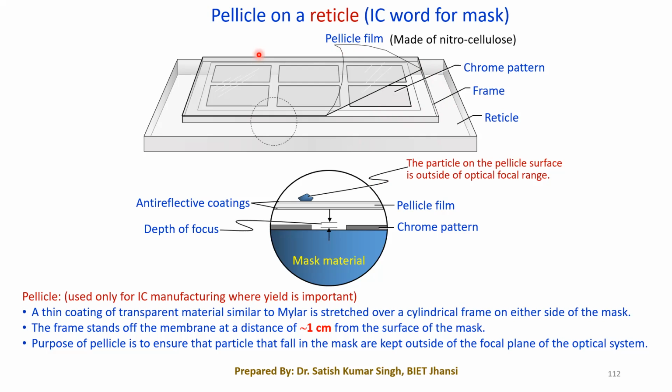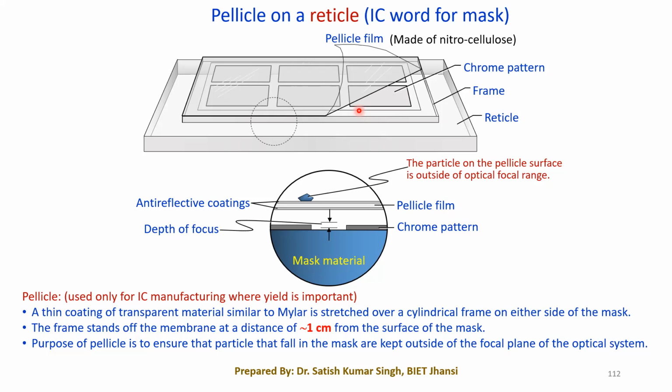So what is the function of this nitrocellulose thin membrane? Whenever we are using this particular mask at the time of optical photolithography, if any dust particle sits onto this, then it will not go to the chromium. It will have a certain offset from the chromium layer, because your pellicle film is actually at a height of some millimeters.